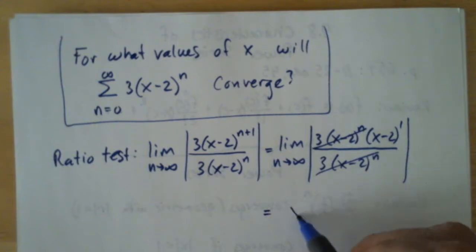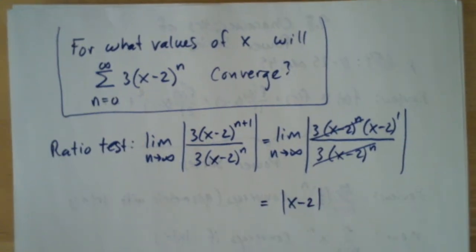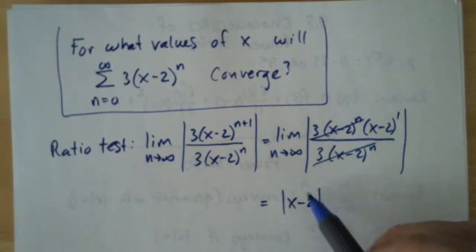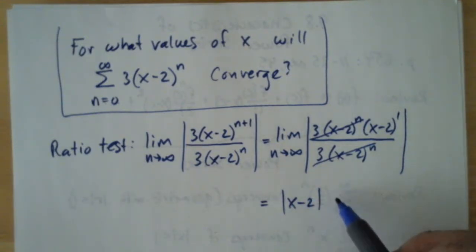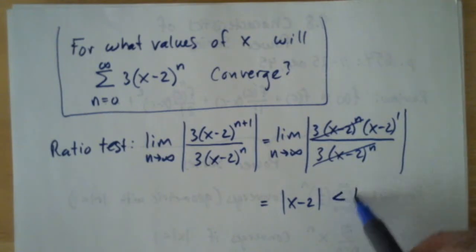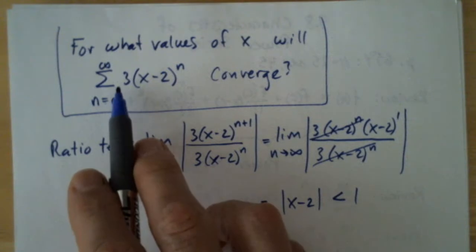So the limit is the absolute value of x minus 2, and the ratio test requires that the limit of the ratio is less than 1 for the series to converge.